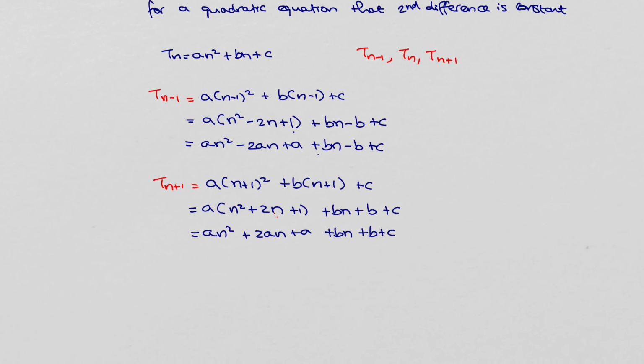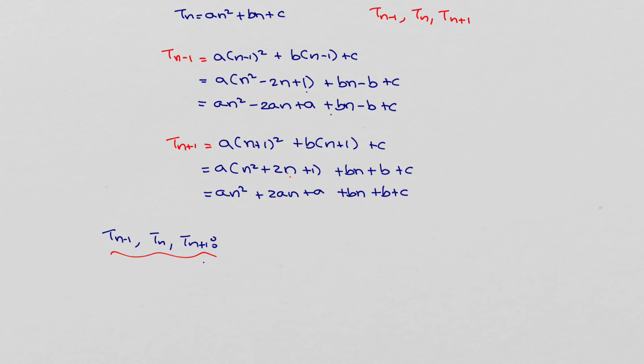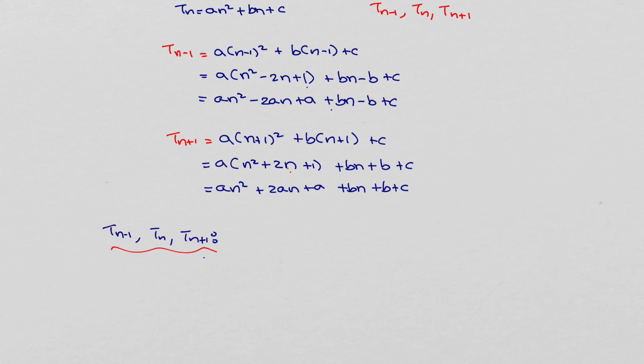Okay, so let's look at the first and second differences between each of these terms. So in other words, I'm going to set up t of n minus 1 followed by t of n followed by t of n plus 1. So we have t of n minus 1 is an squared minus 2an plus a plus bn minus b plus c.